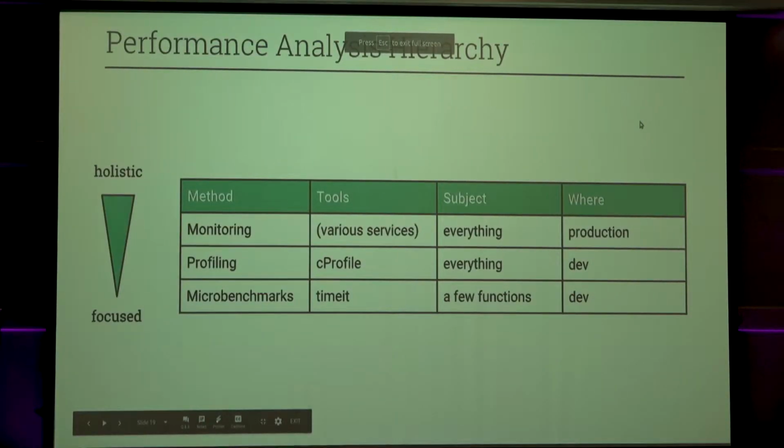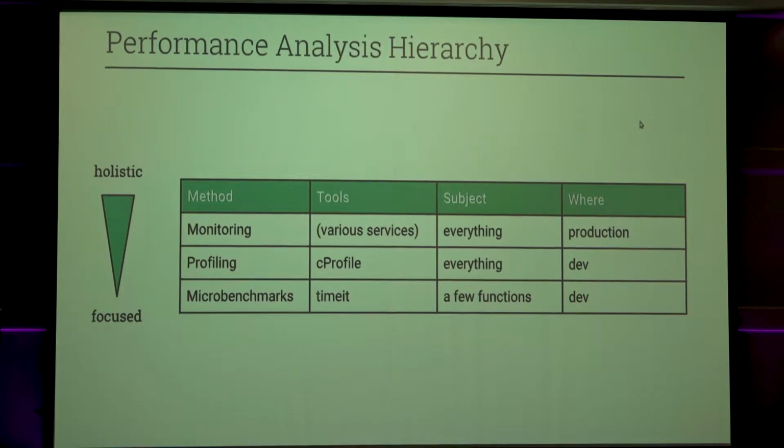So as far as where profiling fits in, how you use it in terms of measuring performance, I view it as between where you're monitoring your whole application in production, because that's completely holistic. You're actually measuring the whole thing running with every other service in and around it. But profiling is somewhere between that and micro benchmarks.